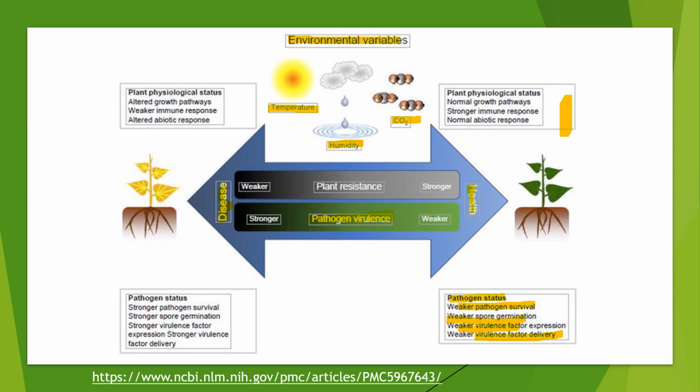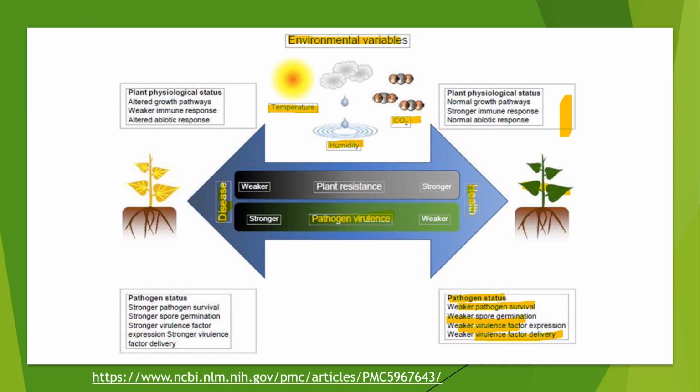As a result the plant itself is strong. This also indicates that the plant is healthy, growing normally, has a stronger immune response, and has normal abiotic conditions which support healthy plant growth.